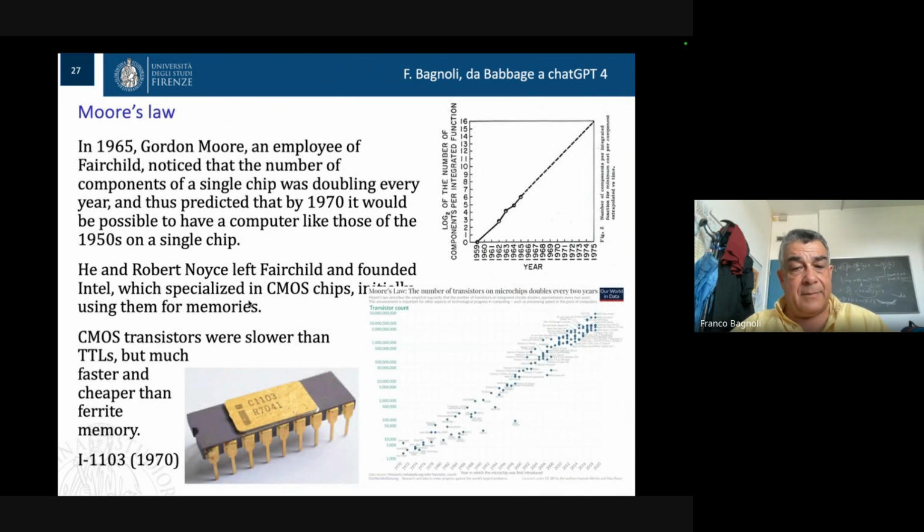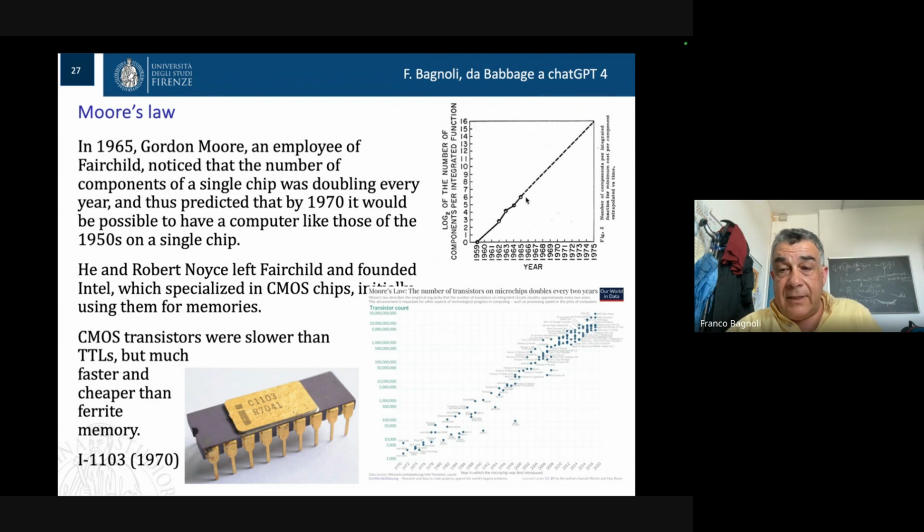In that time, Moore from Fairchild, one of the first enterprises to produce integrated circuits, started noticing that the number of components on a single chip was doubling every year.